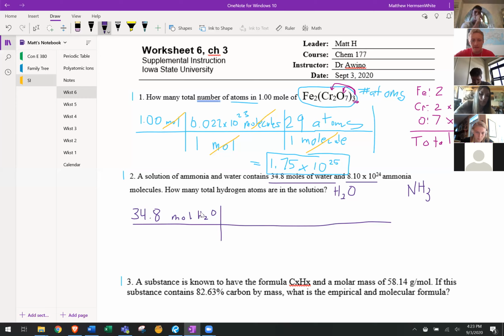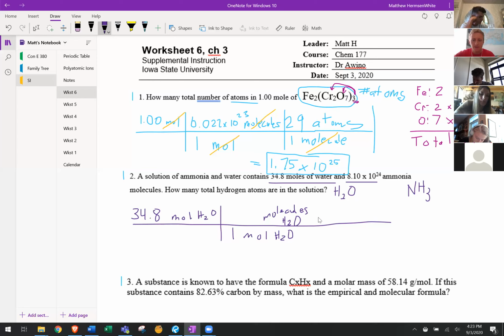So again, to get rid of the unit of mole water, we put that on the bottom. So 1 mole H2O goes on the bottom. And we want to go to molecules of H2O.